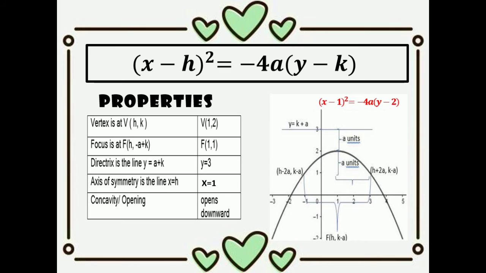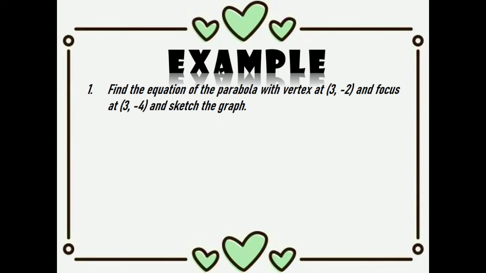The focus is at (h, negative a plus k). The value of a is 1, so the focus is (1, 1). The directrix is the line y equals a plus k, so y equals 3. The axis of symmetry is the line x equals h, so x equals 1. And lastly, the graph opens downward.